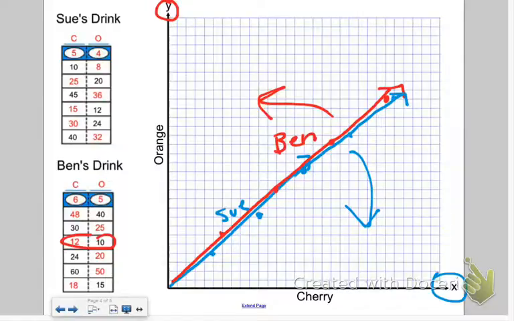So the blue line is more to the right, the red line is more to the left. So I can actually use this graph to prove that Ben's drink is a little more orange flavored because his line is closer to the y-axis where my orange is. And then I can prove that Sue's drink is a little more cherry flavored because her line is closer to the x-axis where cherry is.